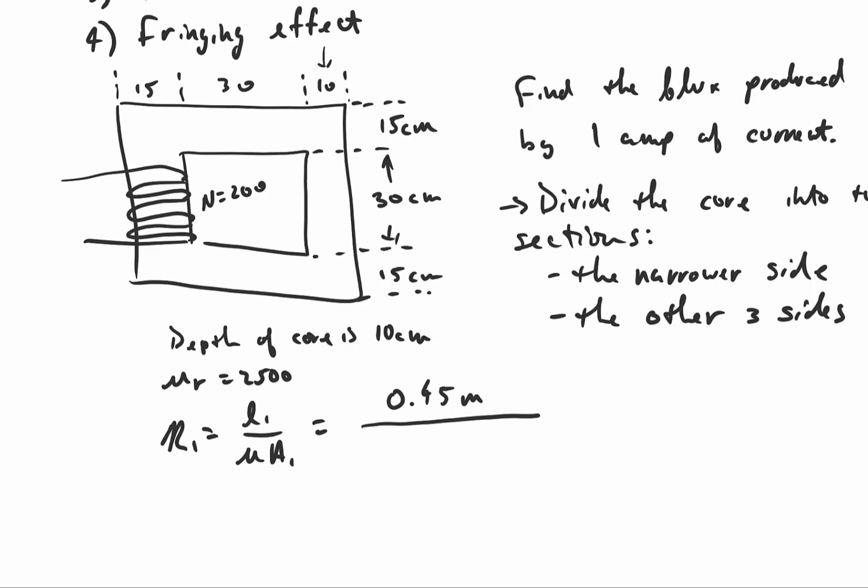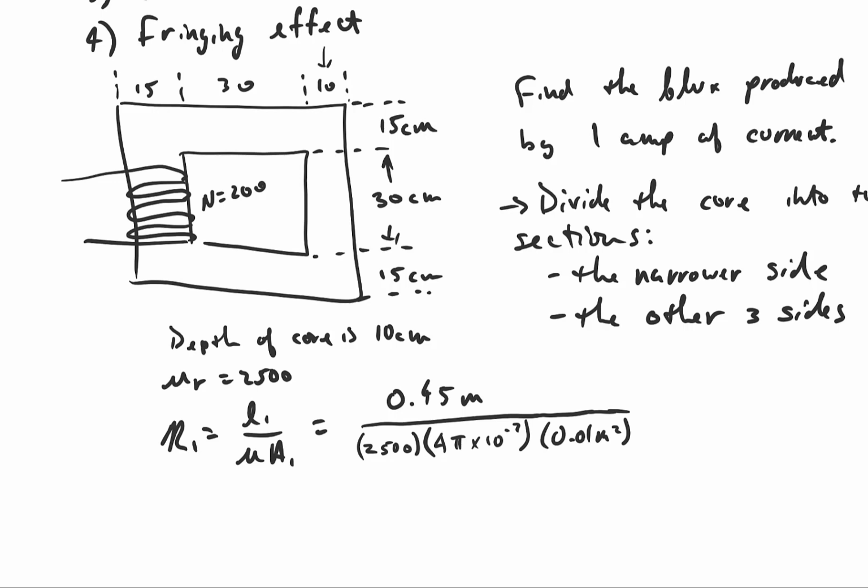Mu would be mu R, the relative permeability, which we have here, 2500. To get that to be mu, we need to multiply by the permeability of free space, so that's 4 pi times 10 to the minus 7. And then we need our area, and the cross-sectional area here is 0.01 meters squared. The reason we're splitting this up into 2 sections is because we're going to get 2 different cross-sectional areas.